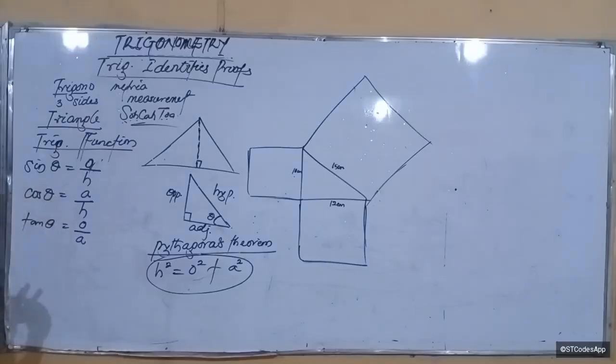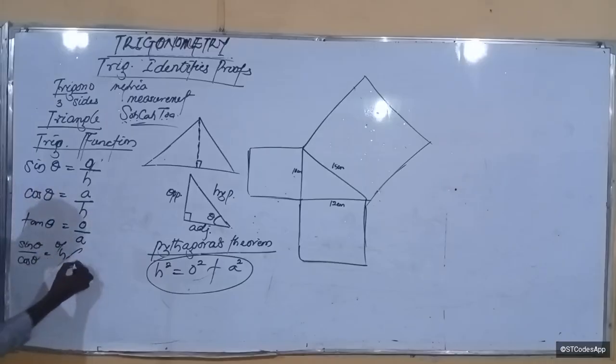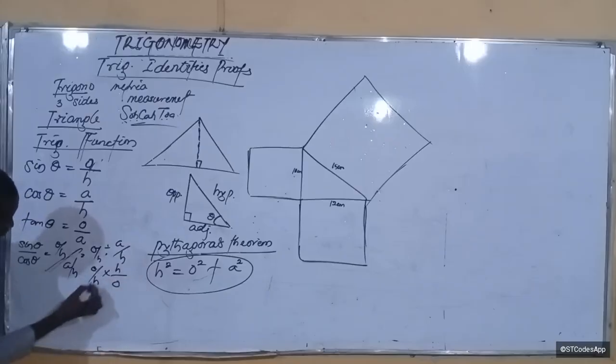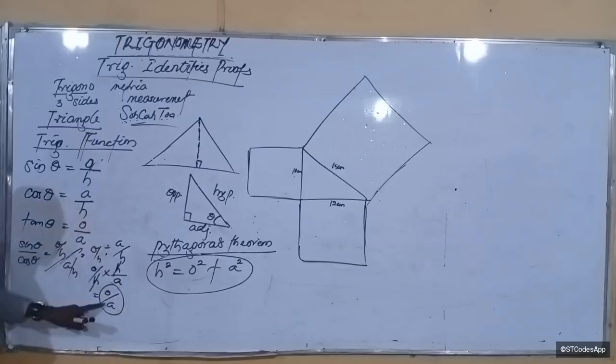So it will turn out that if you take the ratio of sine of an angle to cosine of that angle, it will be equal to O over H divided by A over H. That becomes O over H times H over A. H takes care of H, and then we have O over A. Now what is O over A?